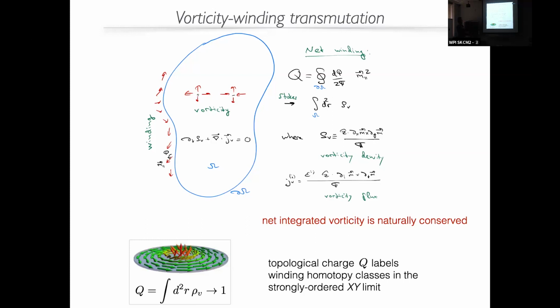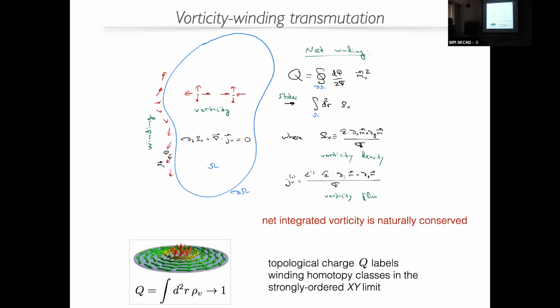And according to Stokes' theorem, if you can express this as a line integral of a vector field, you can easily show that this contour integral that defines the winding is identical to the area integral of the vorticity density defined in this fashion.